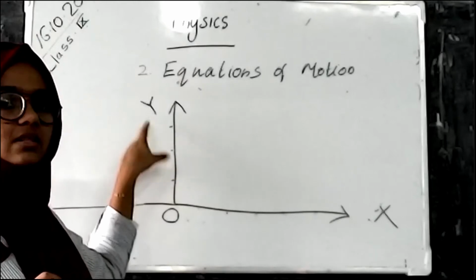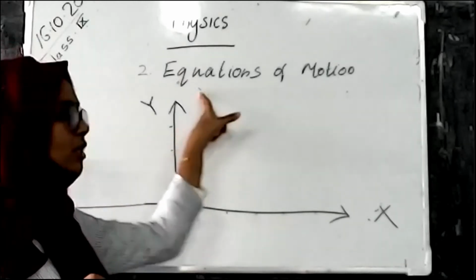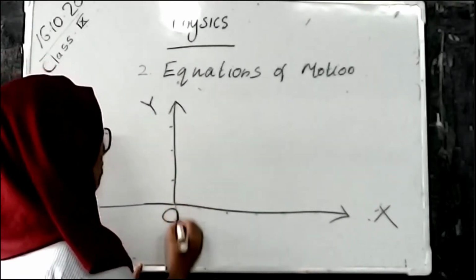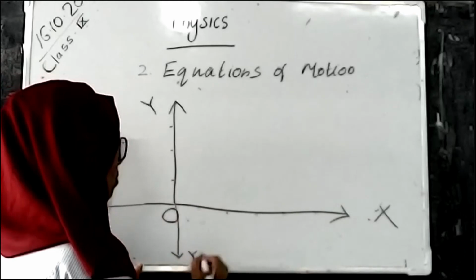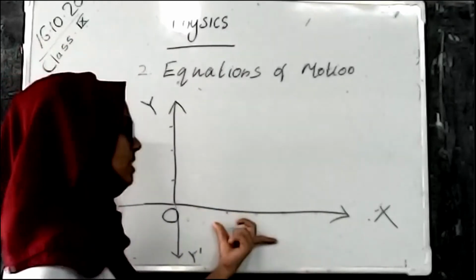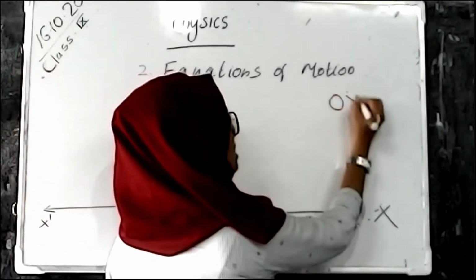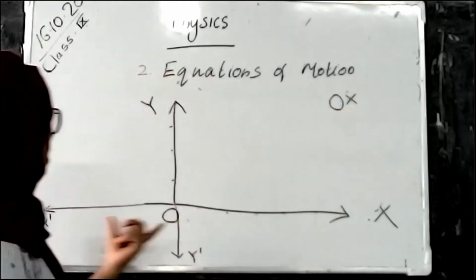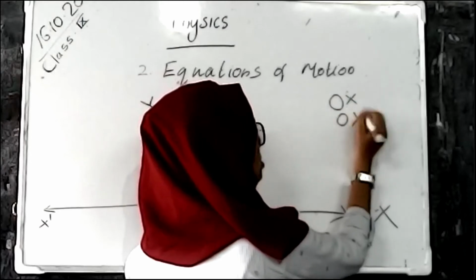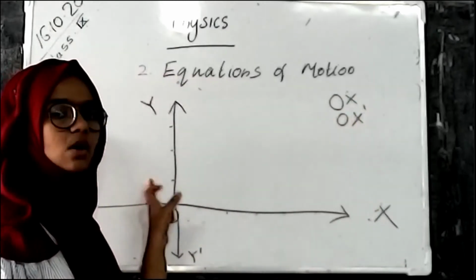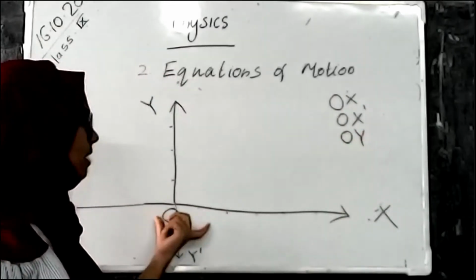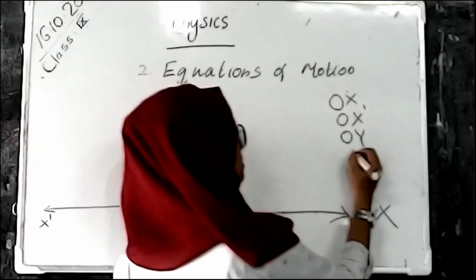The y-axis is the same: the upper part of the origin is the positive y-axis and its lower part is the negative y-axis or y dash. So the positive x-axis is OX. The negative x-axis is OX dash. The positive y-axis is OY. And the negative y-axis is OY dash.